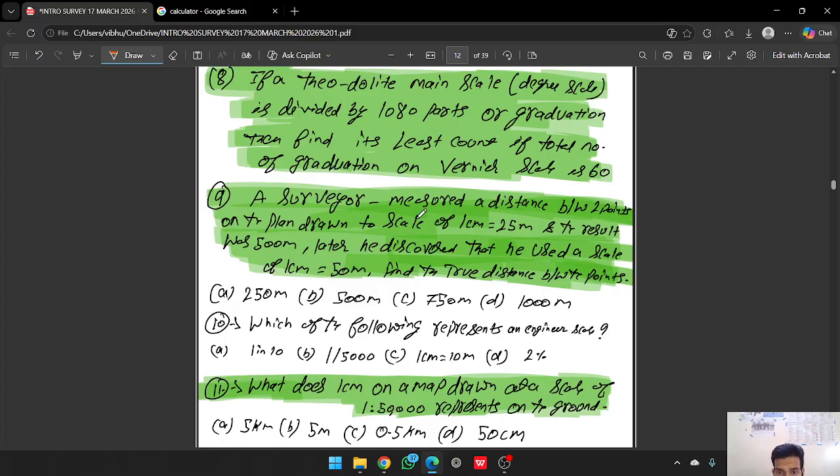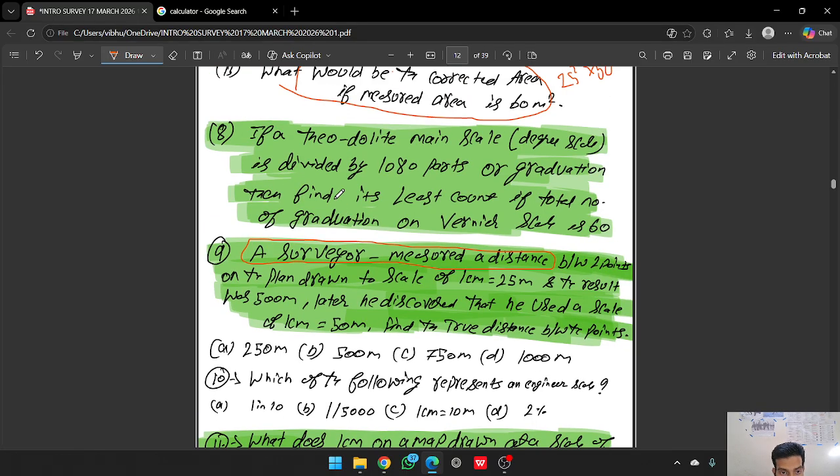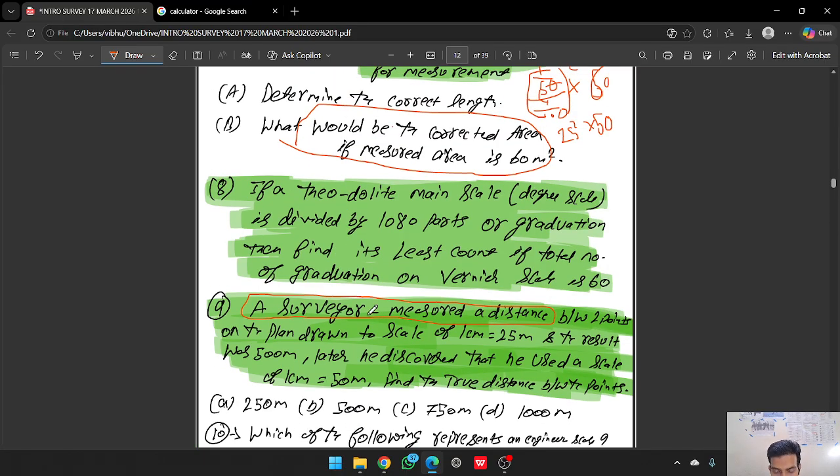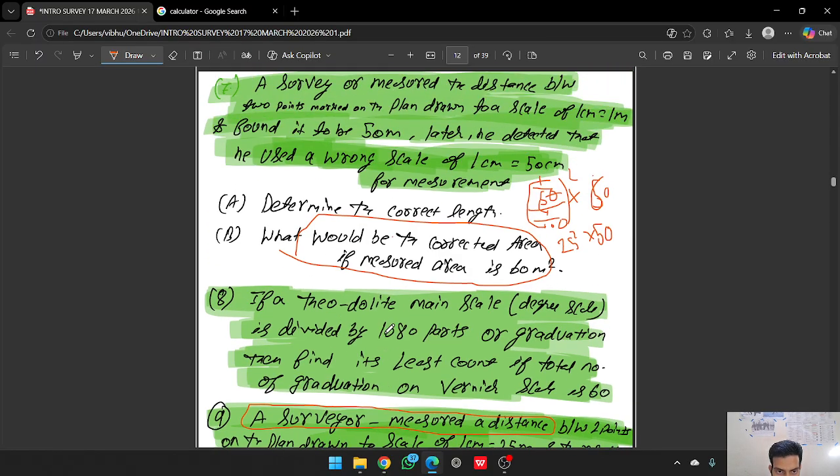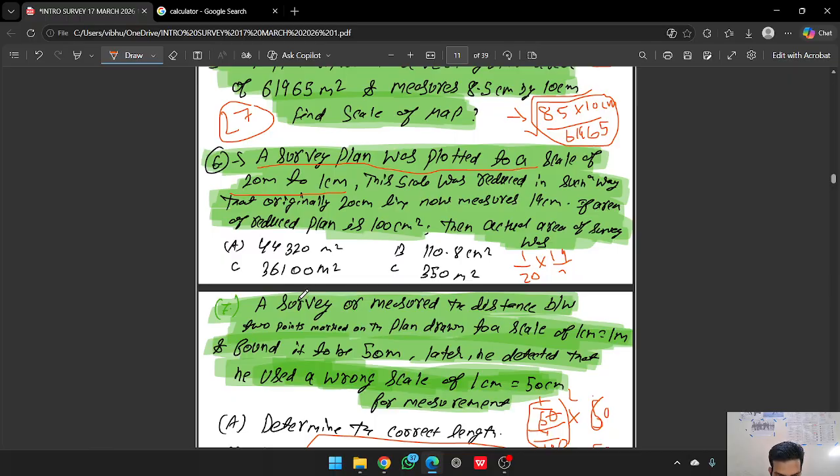A surveyor measured a distance between two points. This is important. I will find a trick. A surveyor measured, this is the language. Like here also a surveyor measured the distance.